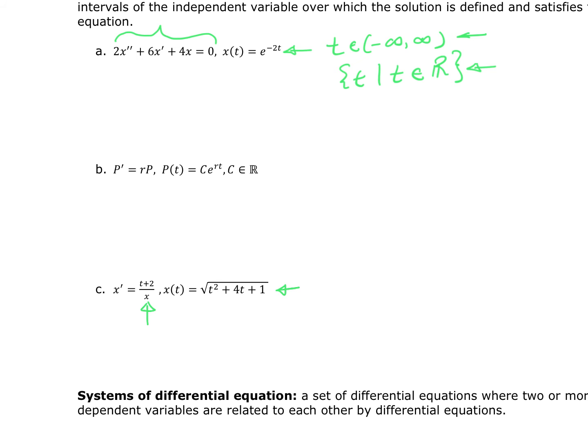So there are two restrictions: the function itself, x of t, cannot equal 0 because it is in the denominator. And then we have to ensure that t squared plus 4t plus 1 is greater than or equal to 0 because it is in a square root to begin with. Coupling it with the fact that it is in the denominator, we'll be looking for values of t that make this strictly greater than 0.